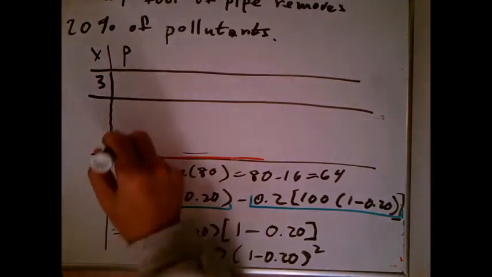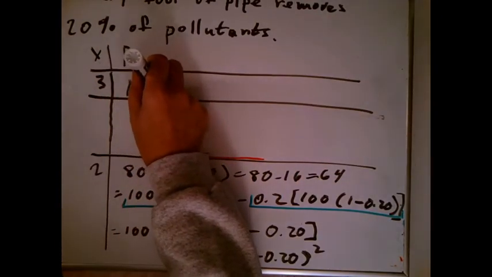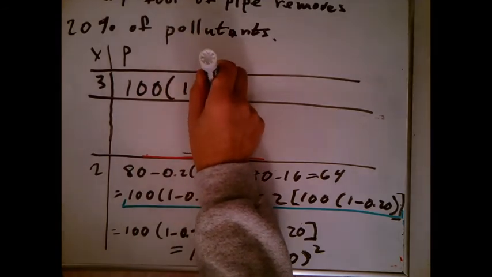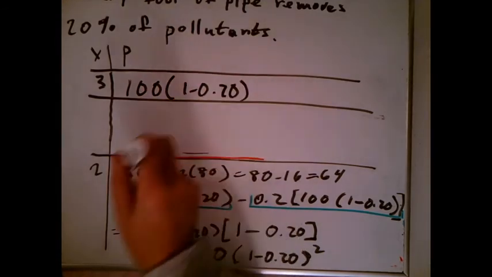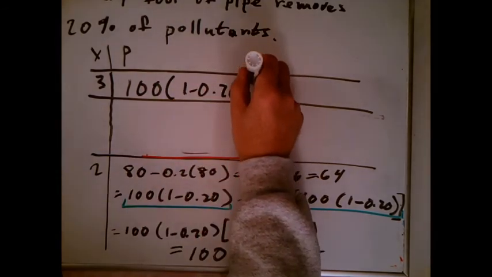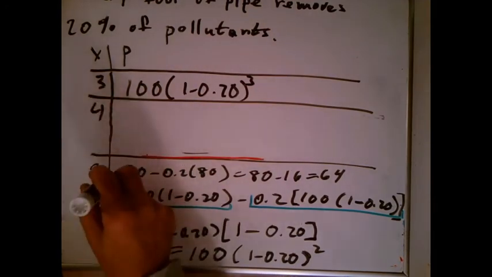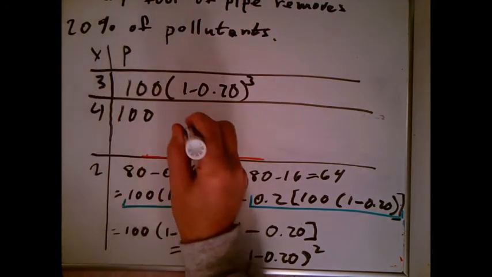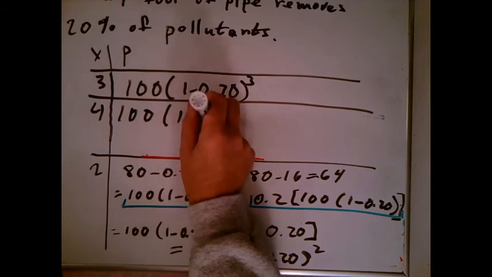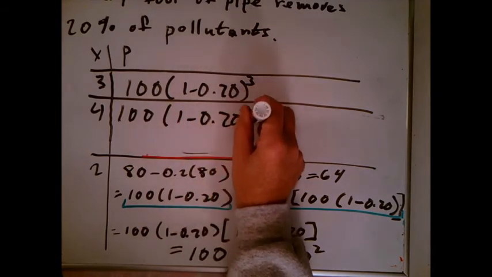If we had 3, I should have 100 times 1 minus 0.20 cubed. If this was 4, I would get 100 times 1 minus 0.20 to the 4th.